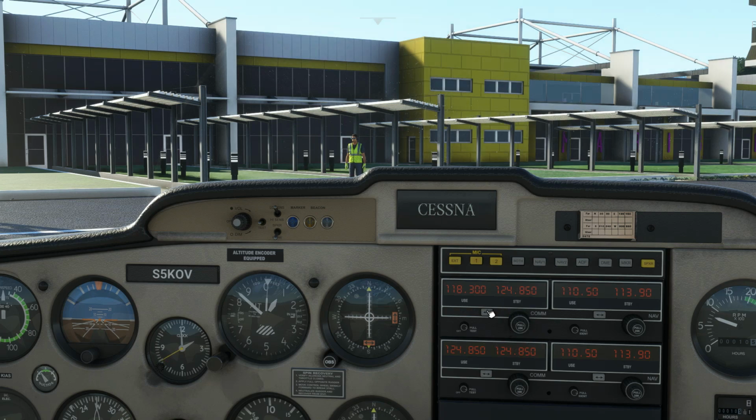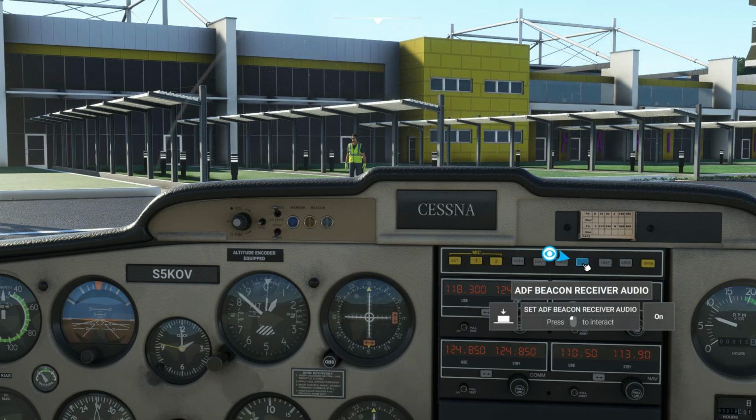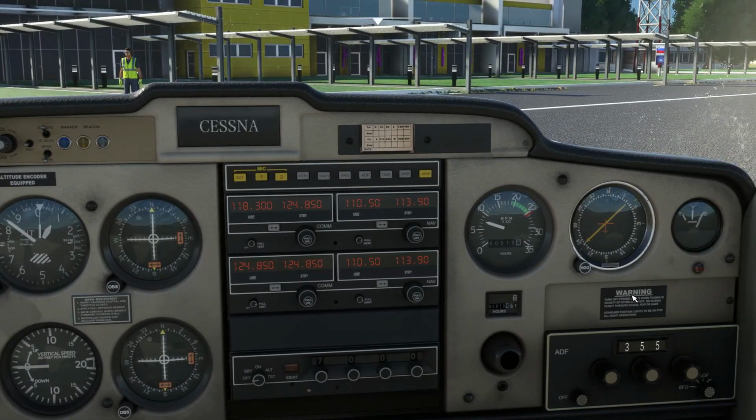Long and two short. That confirms that we have actually MI or Mike India NDB on our ADF pointer.